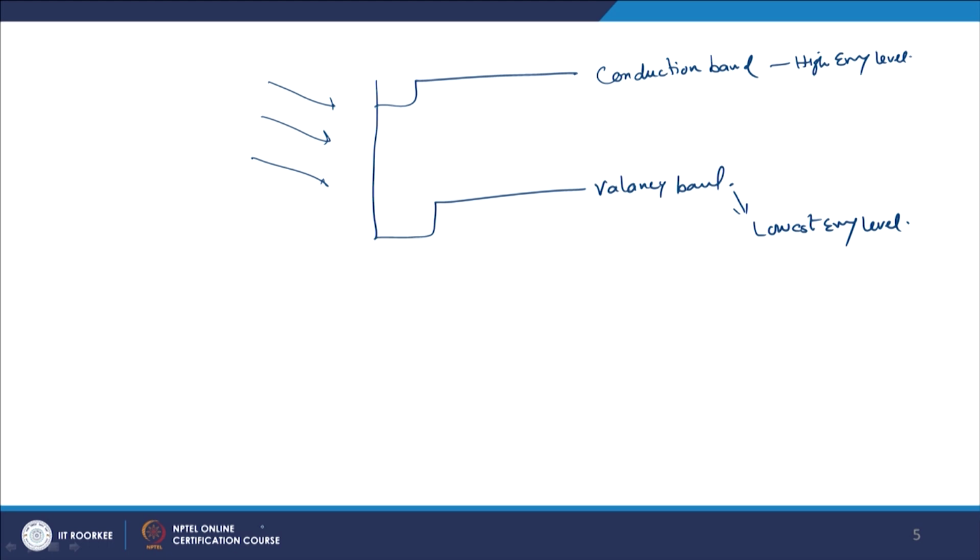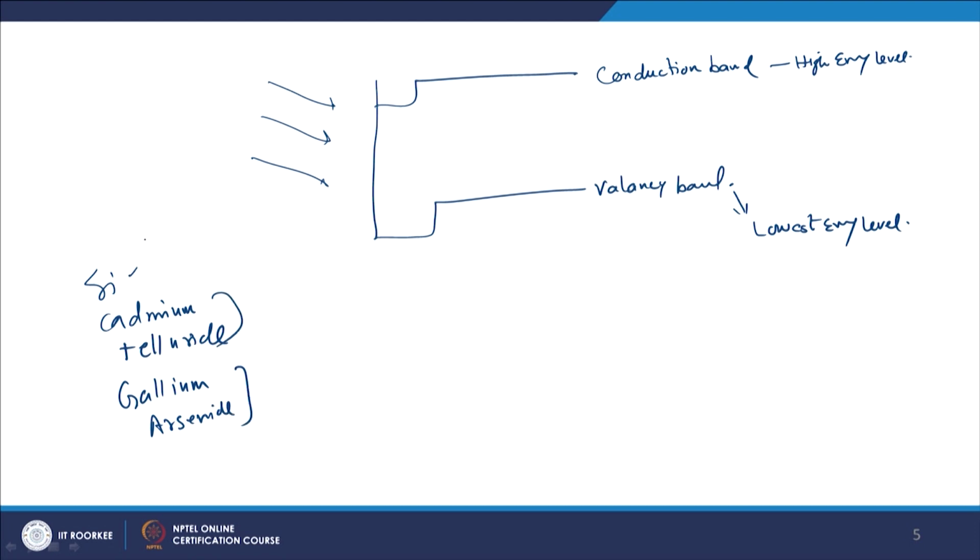This semiconductor can be made of silicon, cadmium telluride, gallium arsenide, or any generalized crystal I am talking about.